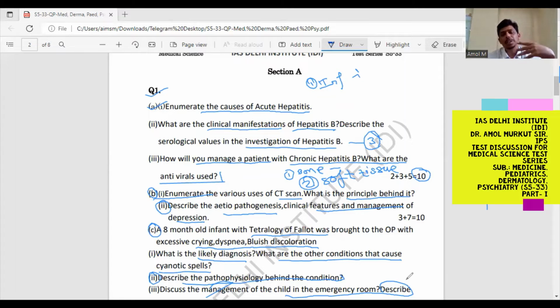Then if there are seizures, you can give midazolam or diazepam. If the child doesn't respond, then vasopressors, and if still the child doesn't respond, in the end intubation and planning the corrective or temporary surgery.